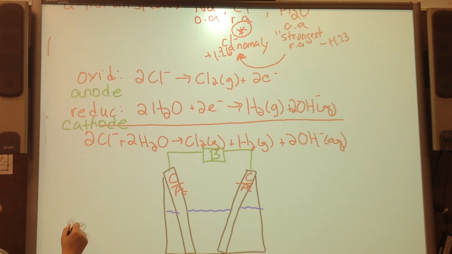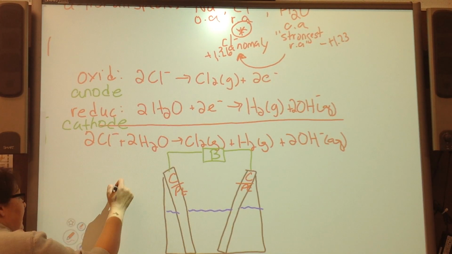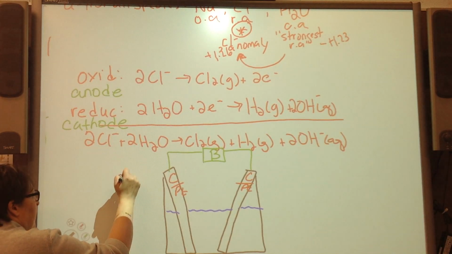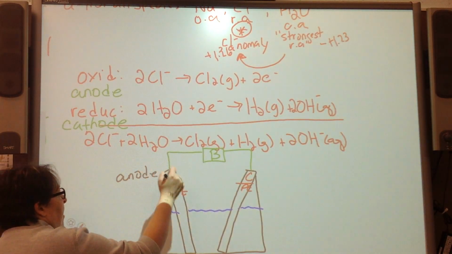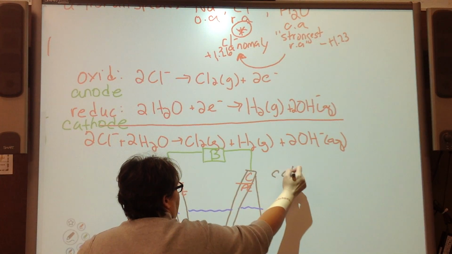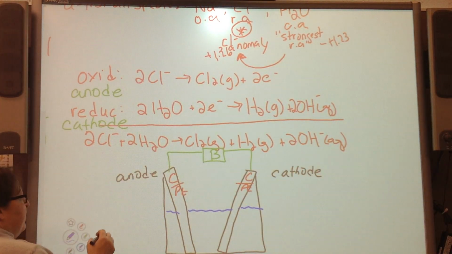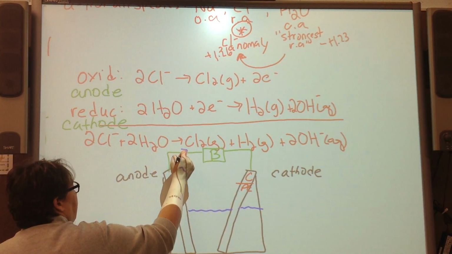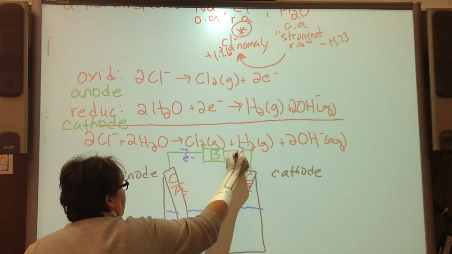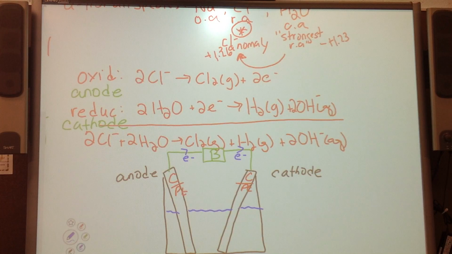So we're going to call this side the anode side, and we're going to call this side the cathode side. Electron flow: into the cathode. Perfect. But what reaction do we have happening at the anode? Oxidation.